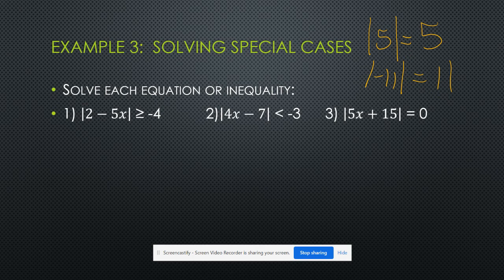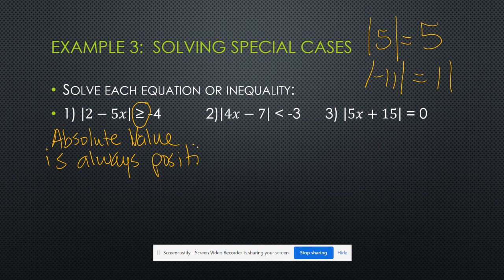So let's take a look at number 1. We have the absolute value of 2 minus 5x is greater than or equal to negative 4. Because of this greater than, and the fact that absolute value is always positive, this will always be true.